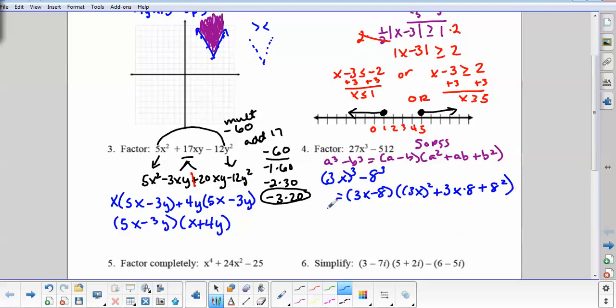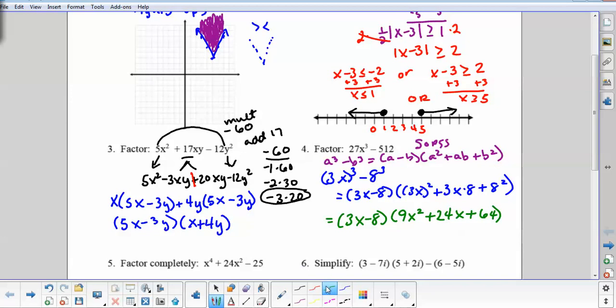And then in your last step, you just simplify. So my final answer is 3x minus 8. When I square this, I get 9x squared. This becomes 24x. And then the last one is 8 squared. 8 times 8 is 64.